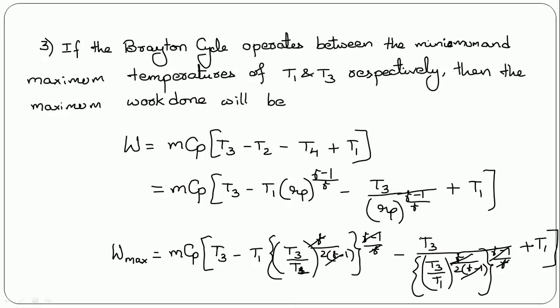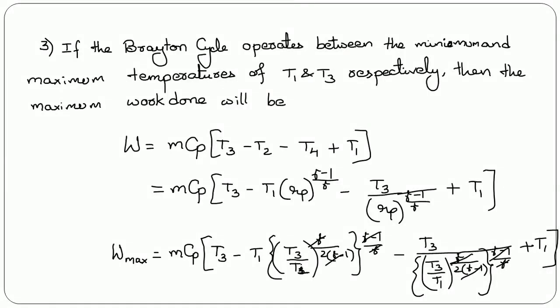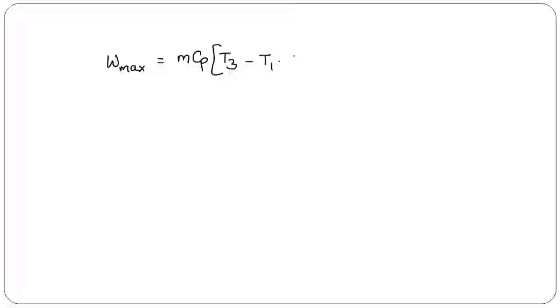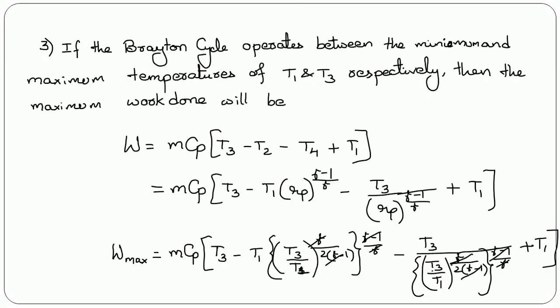We can write this same expression like this: W max is equal to mCp into T3 minus T1 into, here T3 by T1 whole power 1 by 2 will be remaining. So we can write this T3 by T1 whole power 1 by 2 as T3 power 1 by 2 into T1 power minus 1 by 2. So I am writing it like this: T3 power 1 by 2 into T1 power minus 1 by 2 minus, here T3 by T1 whole power 1 by 2 will be there.